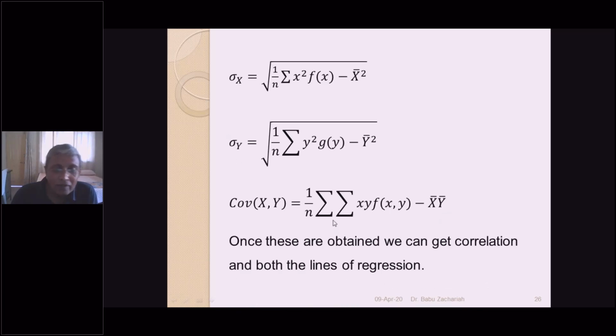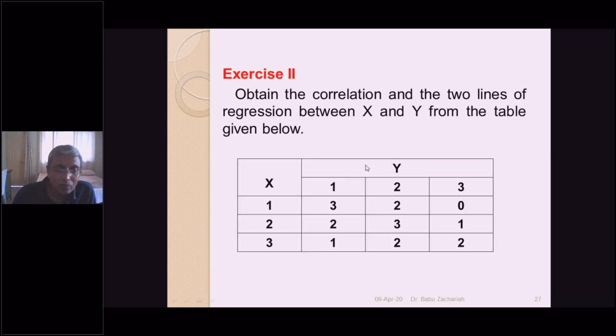Once these 5 entities, x bar, y bar, sigma x, sigma y, and covariance are calculated, we can get the 2 lines of regression and correlation. So now I am giving one problem: 3 values of x, 3 values of y, and these are the joint frequencies.